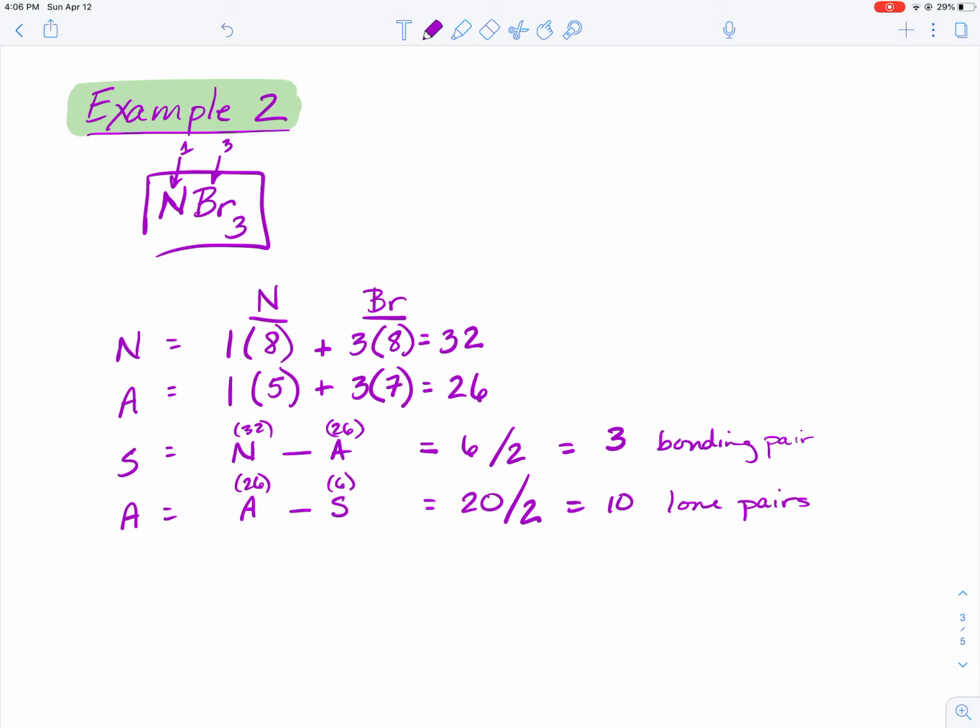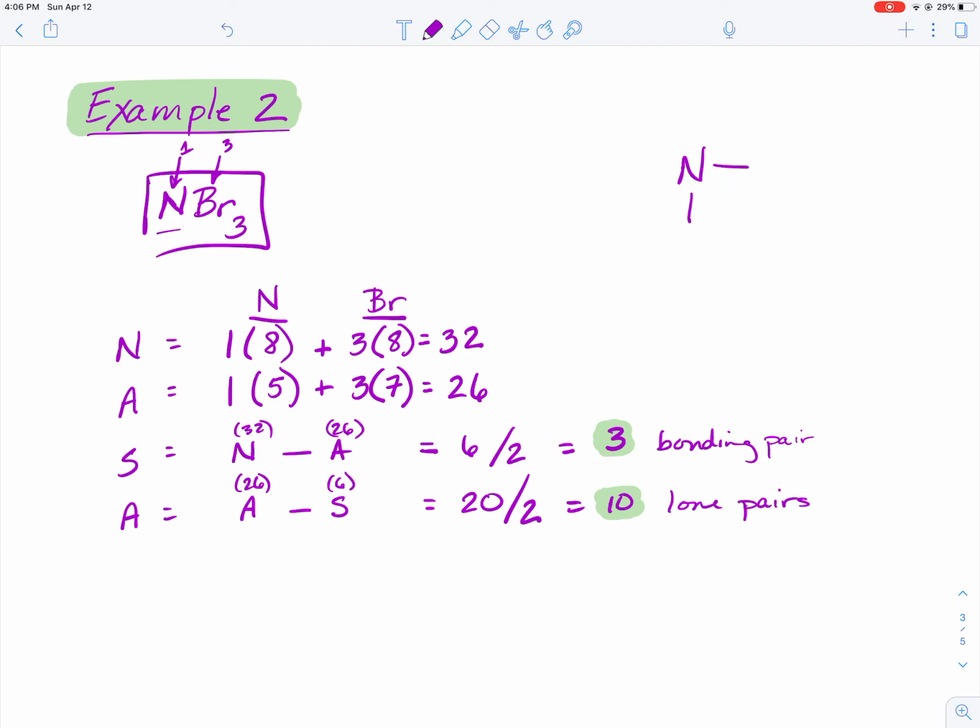And so we're going to start drawing our skeletal structure, making sure that we match that structure with the 3 and the 10 calculated from our NASA table. So we have 1 nitrogen. I think that will be our center atom, and then we have 3 bromine atoms that are connected.